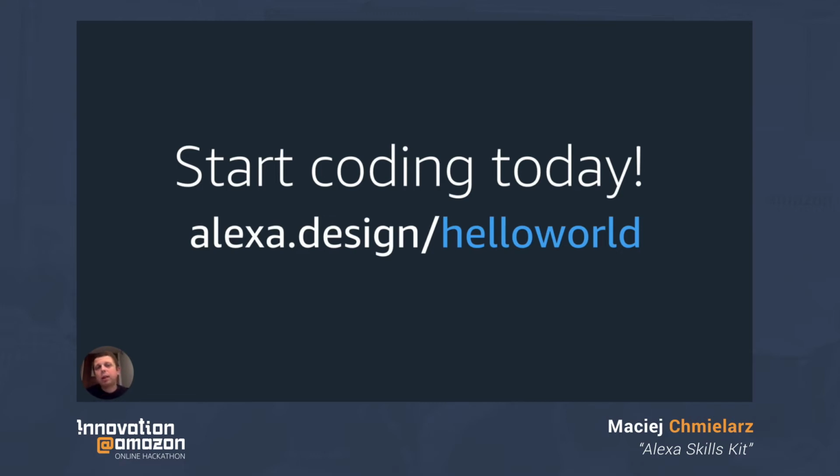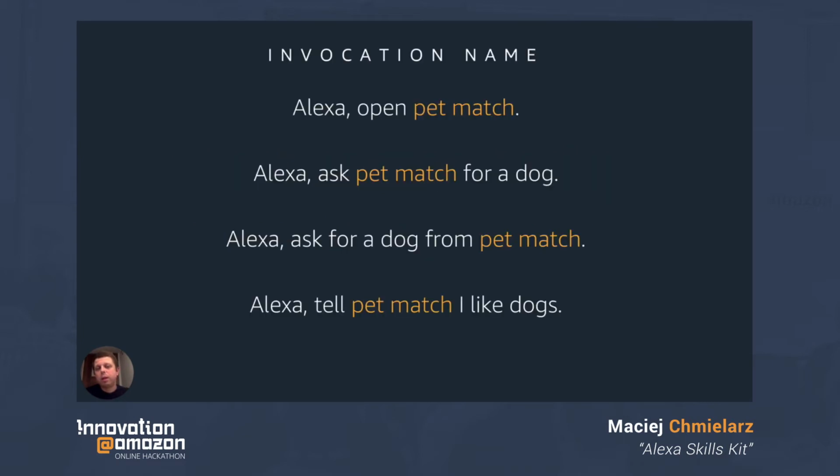And I would also like to mention a more complex example than what I said before, and I will use an example of a pet match skill for that. So this is a skill that matches pets to the requirements of the user. The user provides some characteristics about the pet that they would like to have, and the skill matches those pets.